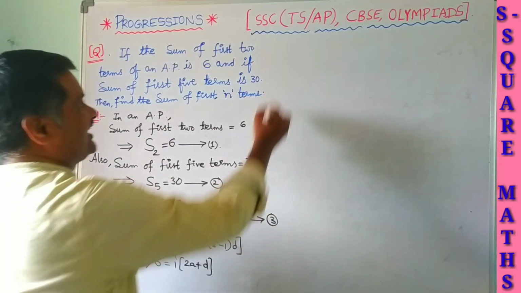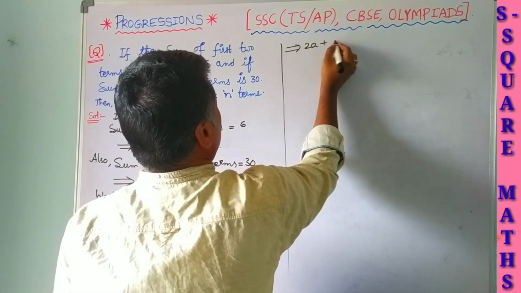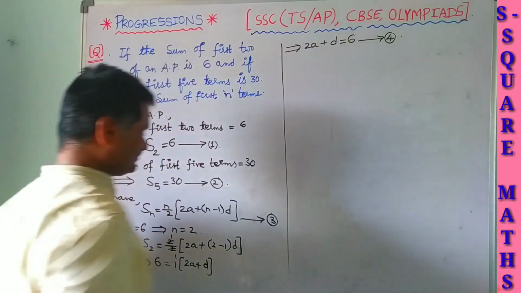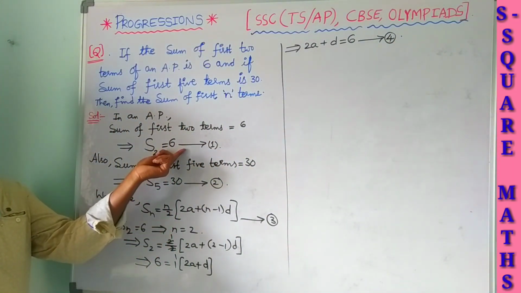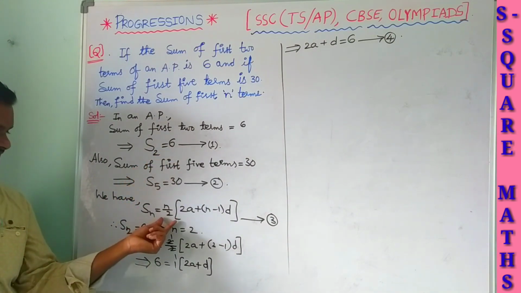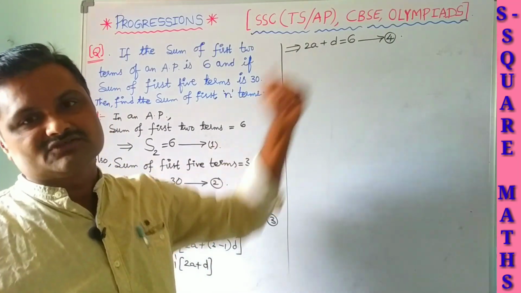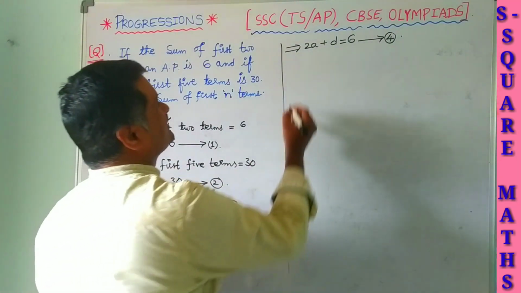So finally I can write, this implies 2a plus d is equal to 6, equation number 4. So by taking S2 is equal to 6, from first equation substituting in the third equation, nothing but n is equal to 2, we arrive at equation 4, nothing but 2a plus d is equal to 6.